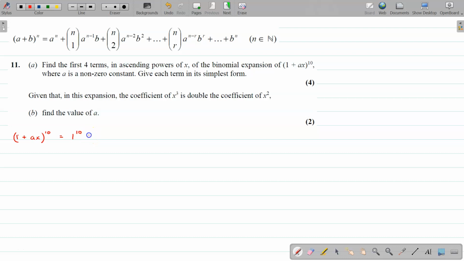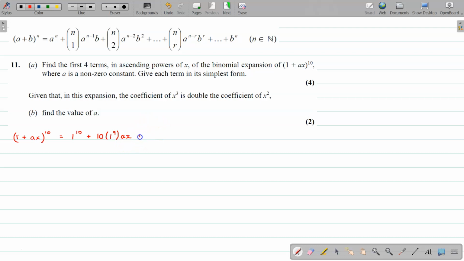The second term is going to be 1 to the power 9. Well, we need to times that by 10c1, which is 10. So it's 10 times 1 to the power 9 times, and then of course it's ax to the power of 1. So it's just ax.